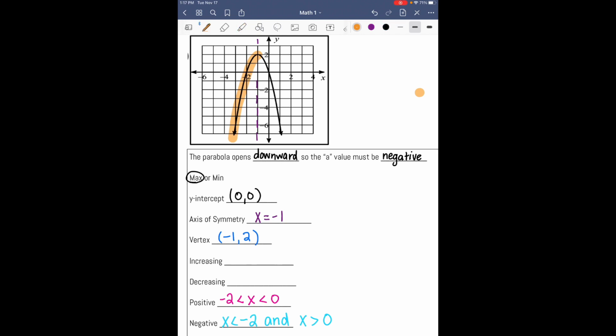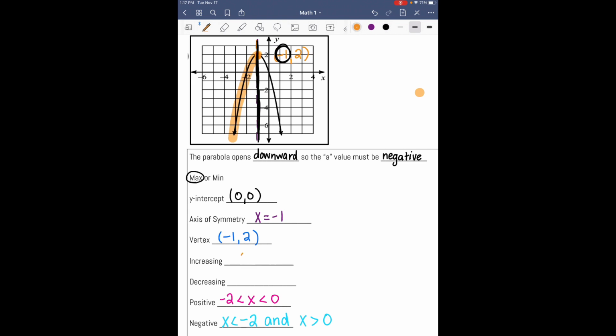So if I'm increasing, that means that it's increasing until it hits this vertex. And that vertex, remember, has an x value at -1, 2. So we're going to use that -1 because it's where the x value stops here. Okay, so that's where it stopped increasing.